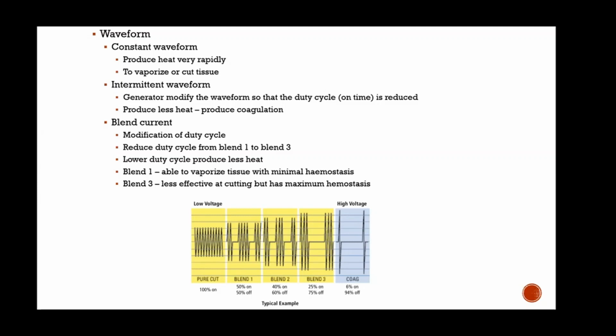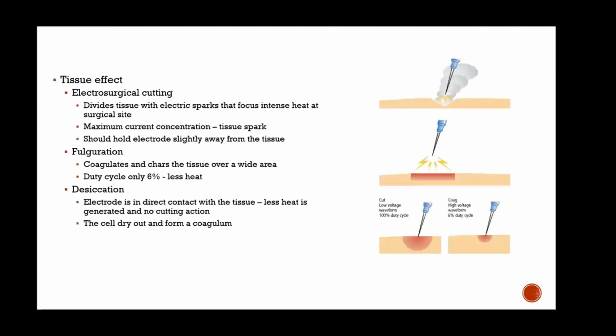The 1 is more to vaporize the tissue, and the 3 is more to control hemostasis. As for the tissue effects of monopolar diathermy, you can achieve three: cutting, fulguration, or desiccation.